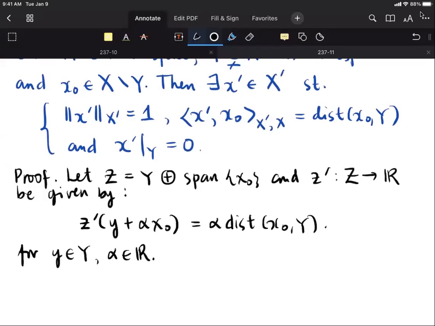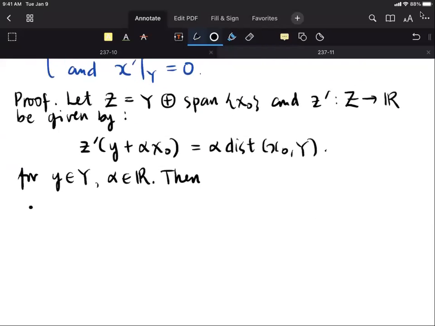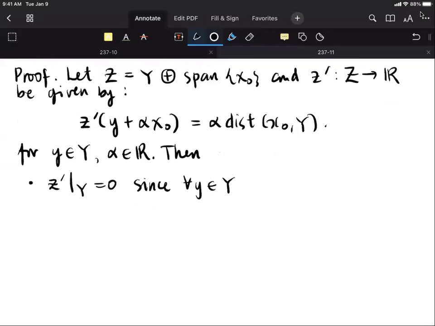Okay, then we have the following observations. Z prime restricted to Y is 0, since for any Y in capital Y, Z prime of Y can be written as Z prime of Y plus 0 times X naught.